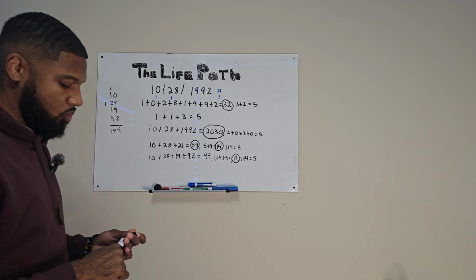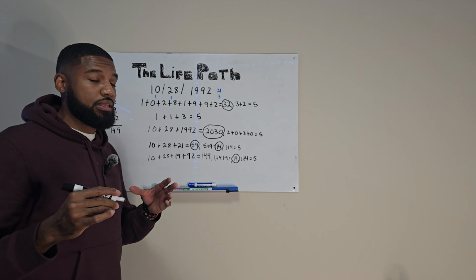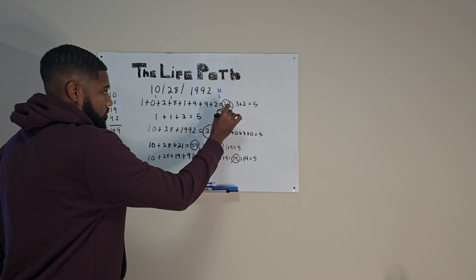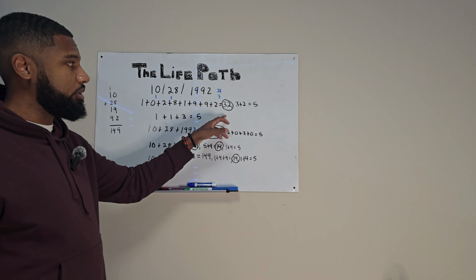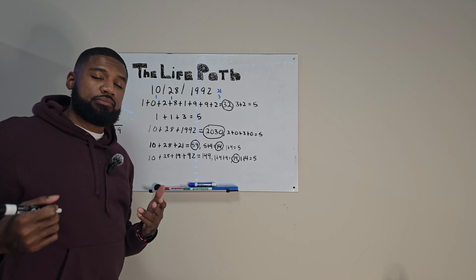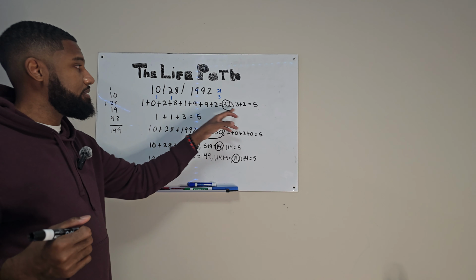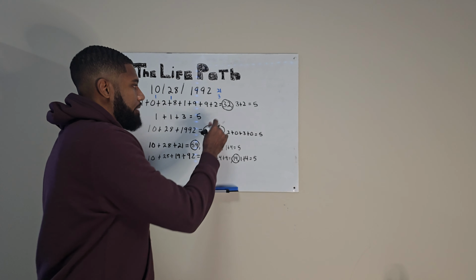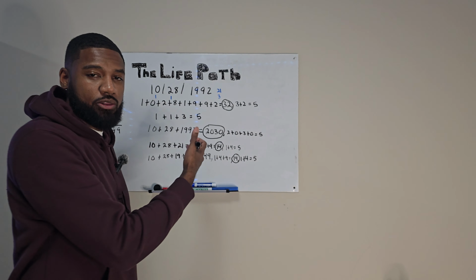Now, when I'm looking at this, again, I like to look for things that hold significance. For instance, looking at the first one, I see the number 32. Now, the number 32 can play a part because I look at this as someone's age. Maybe as this person gets to the age of 32, it may make a big impact on their life.